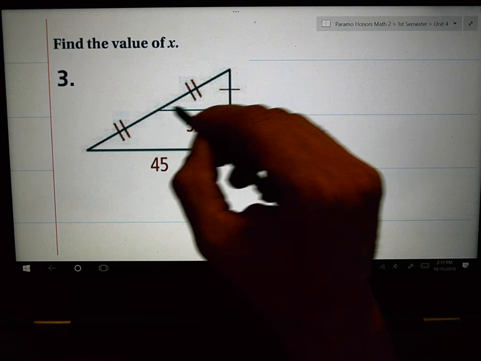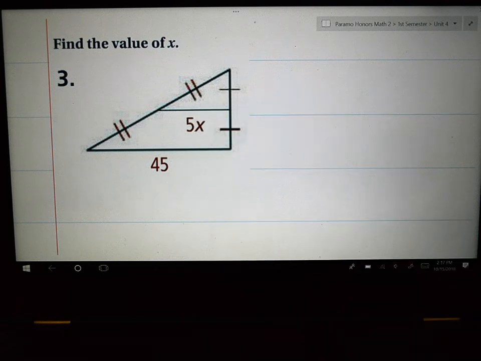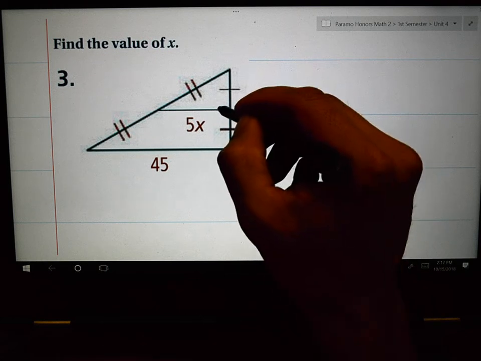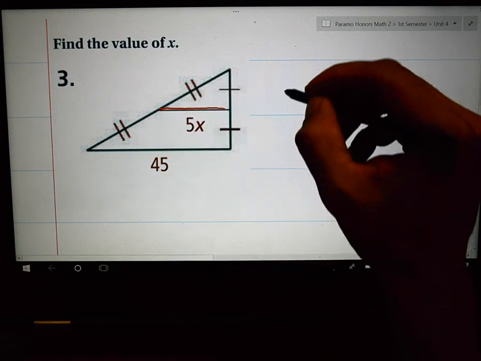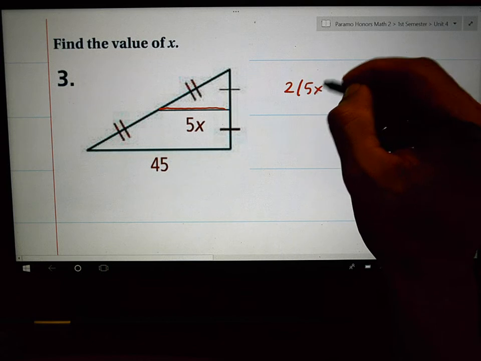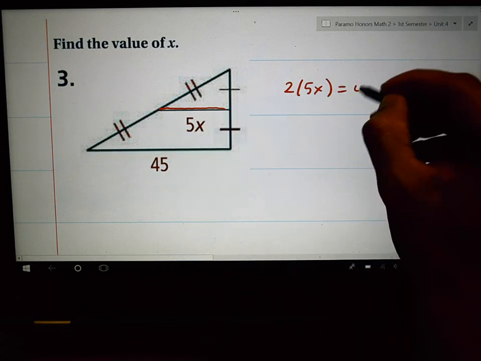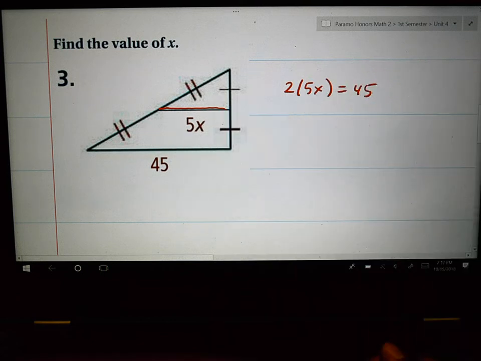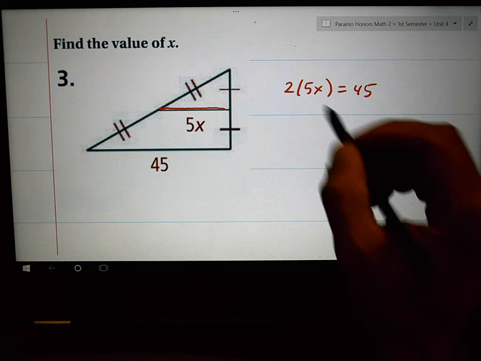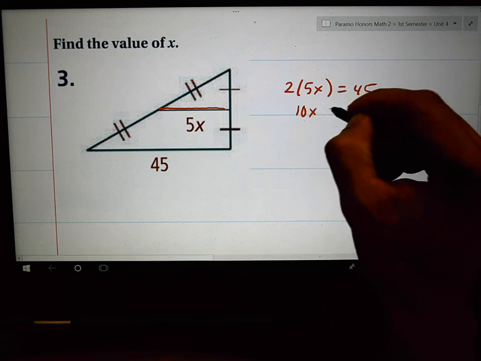This is a mid-segment. Mid-segments are half. So if I were you, I would take the mid-segment and double it to equal the side it is parallel to. When you're dealing with mid-segments, double the mid-segment to equal the other side, the parallel side. If I double 5x, that makes it 10x.